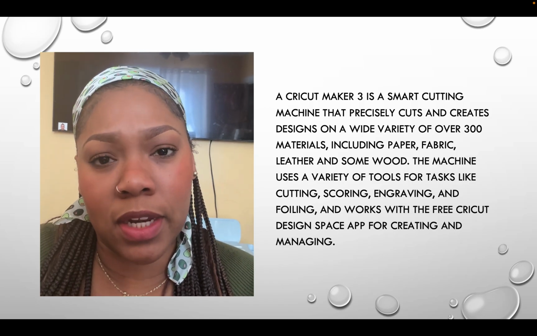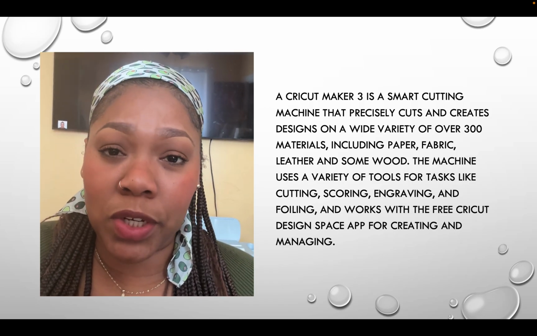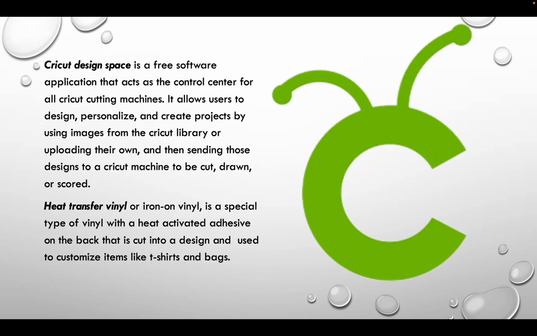So I'm going to go ahead and read our objective today and begin the demonstration. During this training, we'll be utilizing the Cricut Design Space, a free software application. This acts as a control center for all Cricut cutting machines.